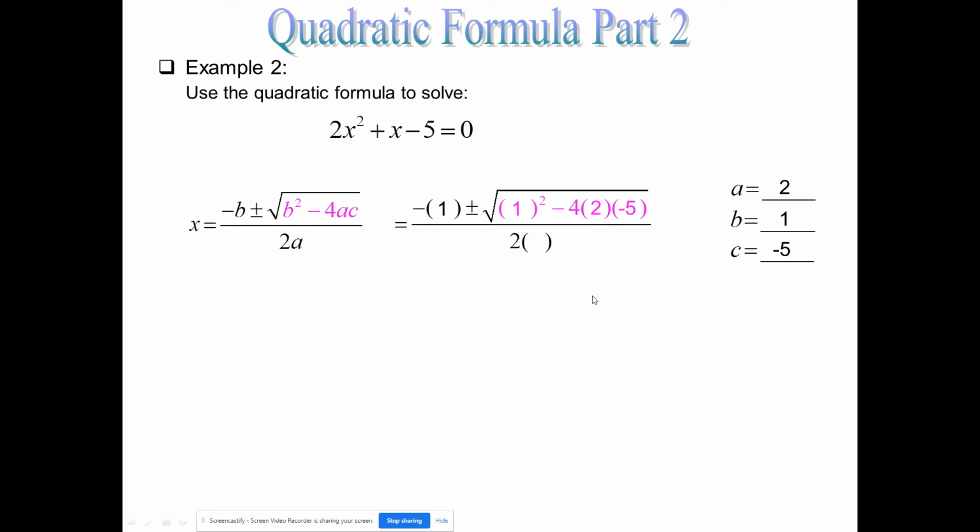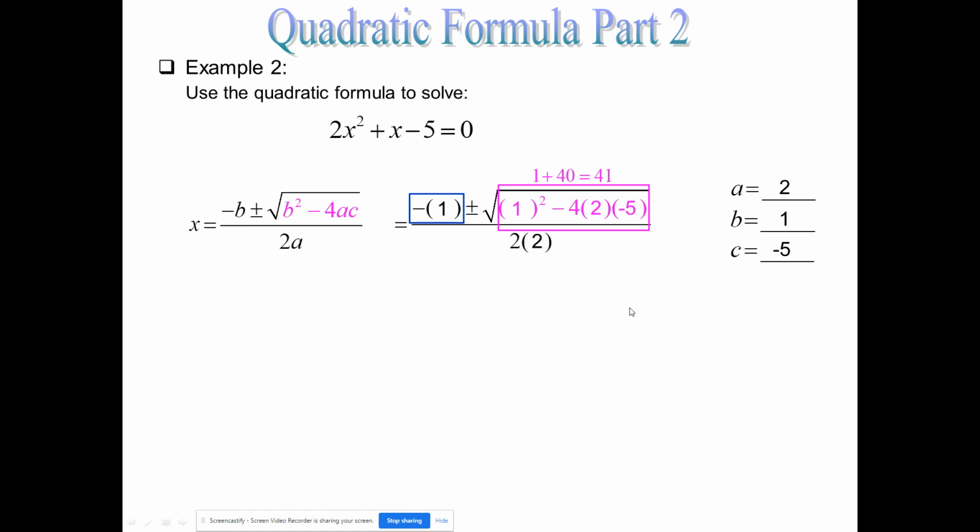And then over 2A, so that's 2. Okay, so either put this into Desmos or use mental math. So 1 squared is 1. And since there's 2 negatives, I'm going to make it a plus. So 1 plus 8 times 5 is 40. And that's going to give me 41.